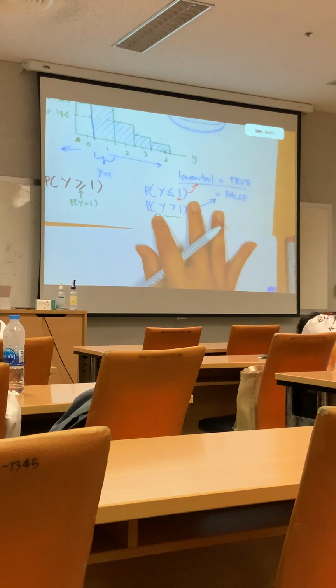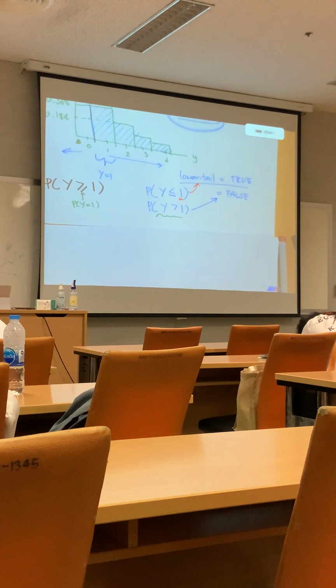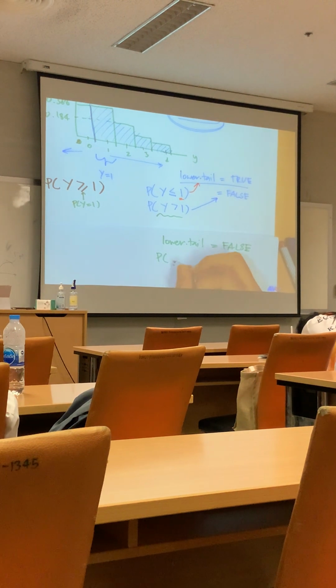Okay, so you can see that when you set lower tail to be false and you specify y to be 0, what is calculated is the probability of y greater than 0.